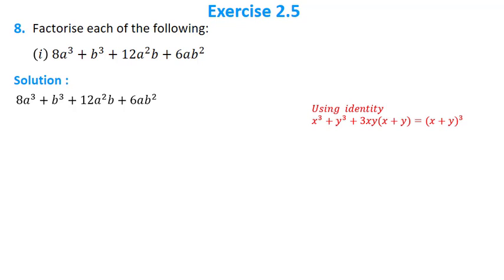So this 8a cube we can write as 2a the whole cube plus b cube plus this 12a square b I can write as 3 into 2a into b in bracket 2a. That will give me 12a square b plus b, that will give me 6ab square. So we are expressing this as x cube plus y cube plus 3xy into x plus y form, and hence we can say that this is 2a plus b the whole cube.